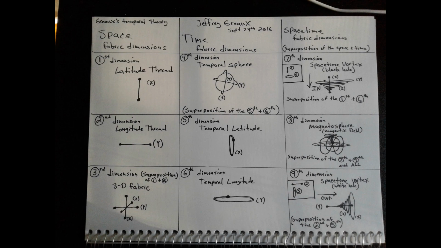And in Euclidean space, you have three-dimensional space, which starts with the first and second dimension. If you put the first and second dimension together, you get a two-dimensional space. But really, there's no such thing as that, because when you put the first and second dimension together, it produces a third dimension automatically, which produces a neutral position.